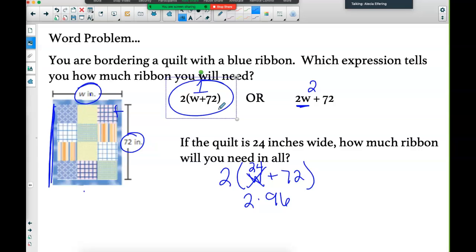So we would have 192 inches of ribbon that we would need. Questions from anybody?